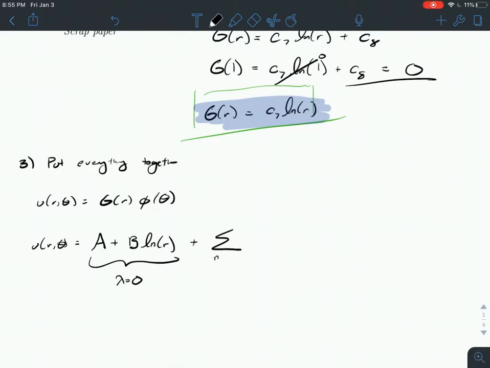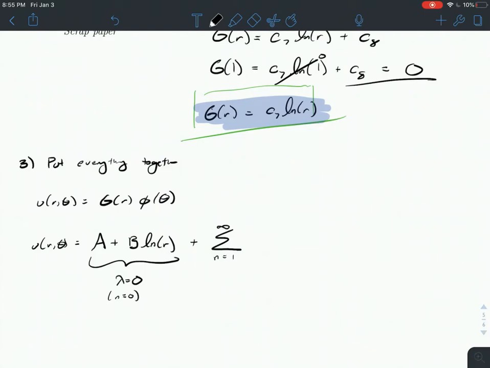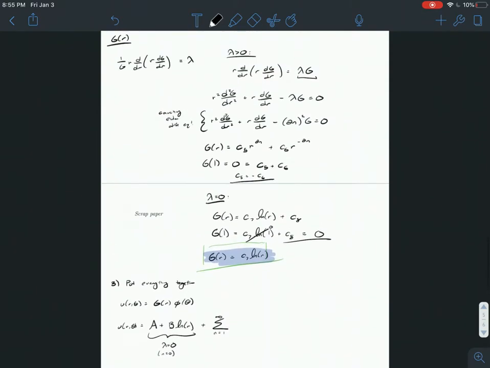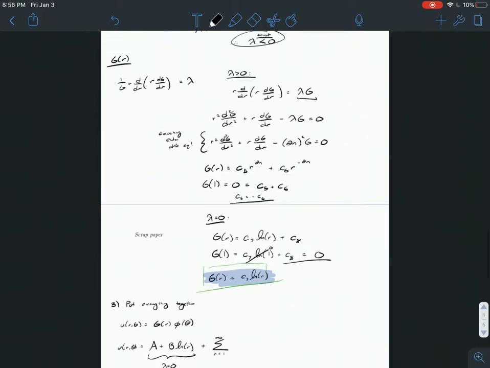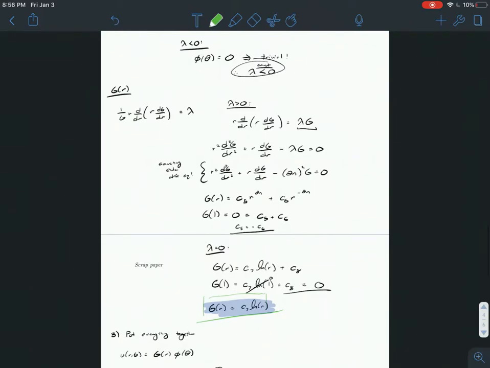Okay. Now we're going to take care of the lambda greater than 0 terms. And that's when n is equal to 1 or greater. Okay, so when n is equal to 1, we have to take an infinite superposition of them and take their linear combination of all possible solutions. So I'm going to highlight the greater than 0 terms in light green.